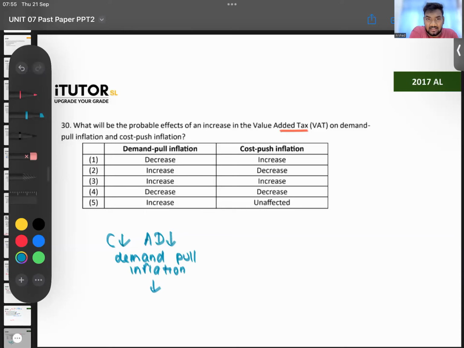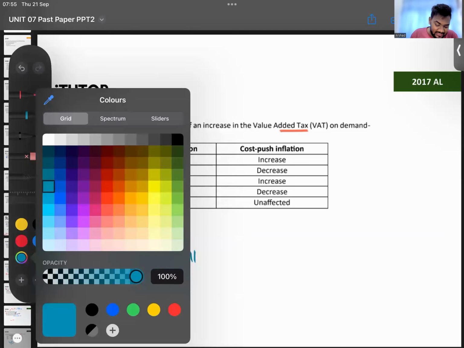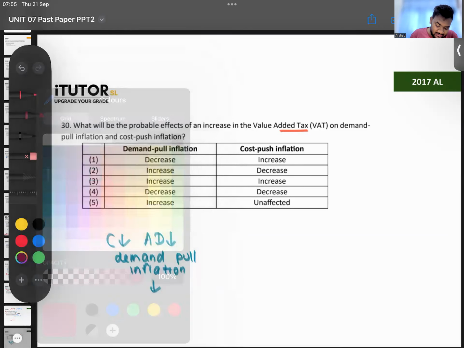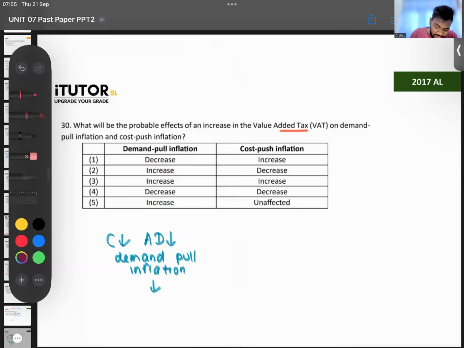On the other side, think of the cost. When there is a VAT, or any sort of tax, what happens to the cost of production? Think of it on that side. The cost of production goes up. Now it's expensive because they have to pay a VAT and so much other stuff. So when that goes up, what happens to aggregate supply?